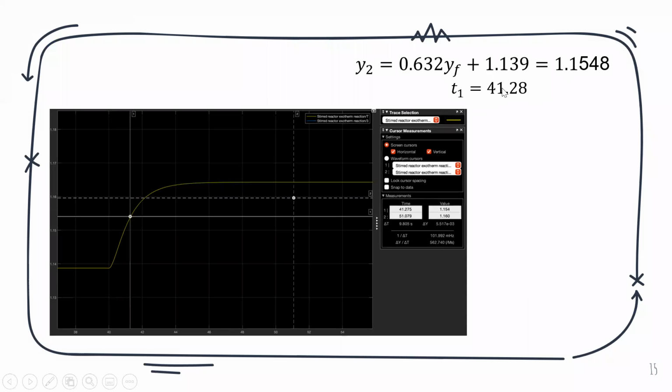Then we get that the value of t2, as we see right here on the plot, is 41.28. The values for t1 and t2 are seen on the cursor measurements shown in the lines right here.